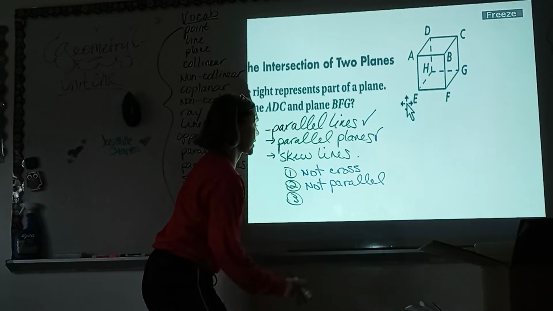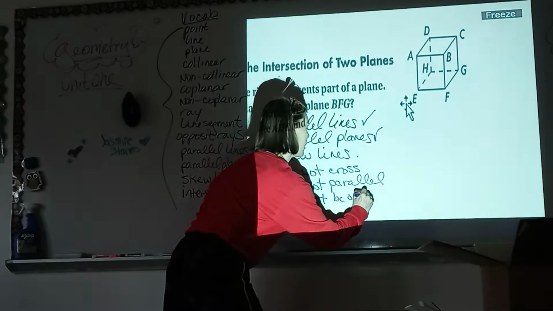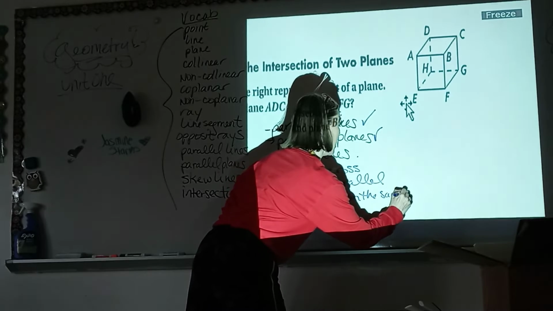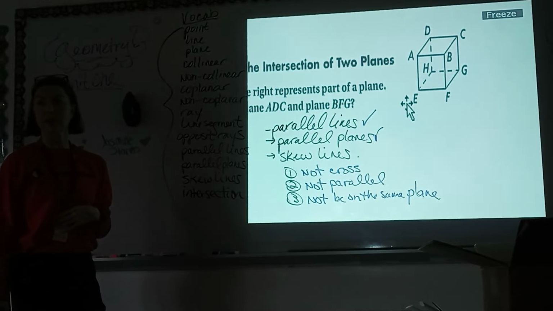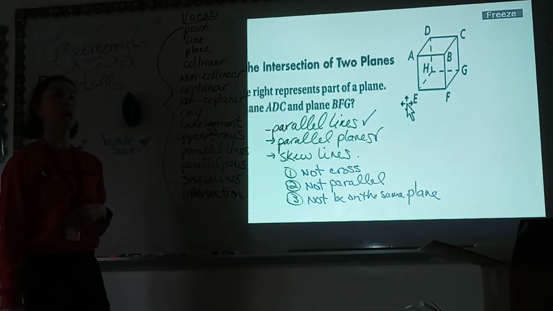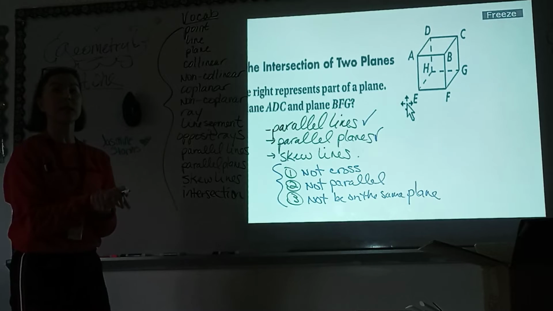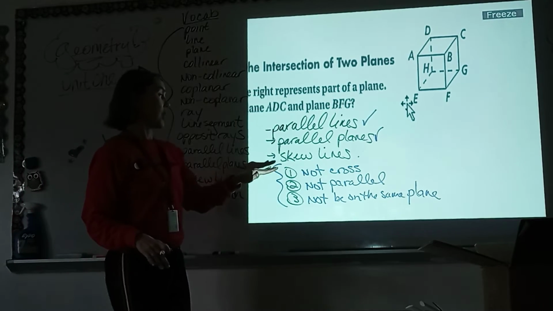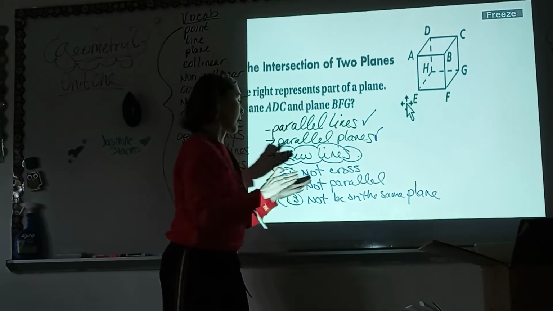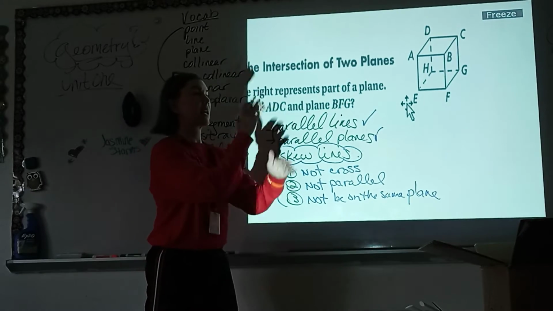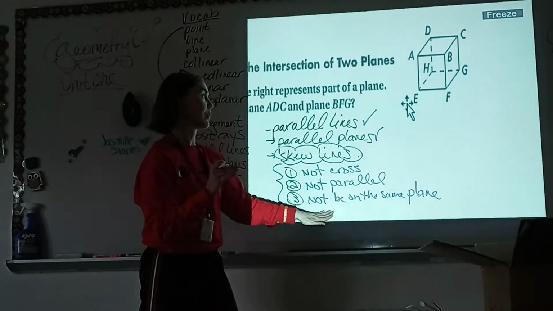And they cannot be on the same plane. Those are the 3 rules that skew lines must follow. So let me give you an example. Again, skew lines cannot cross each other, they cannot be parallel, and they cannot be on the same plane.